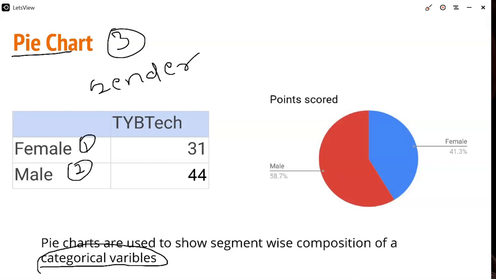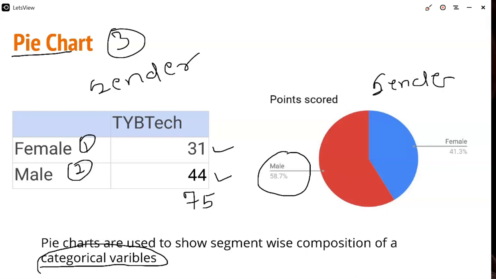So in my class on machine learning, there are 31 girl students and 44 boy students, and my class size is how much? 75. So out of 75, 31 are females and the male students are 44. So this is the composition of my gender variable, which takes 2 values.